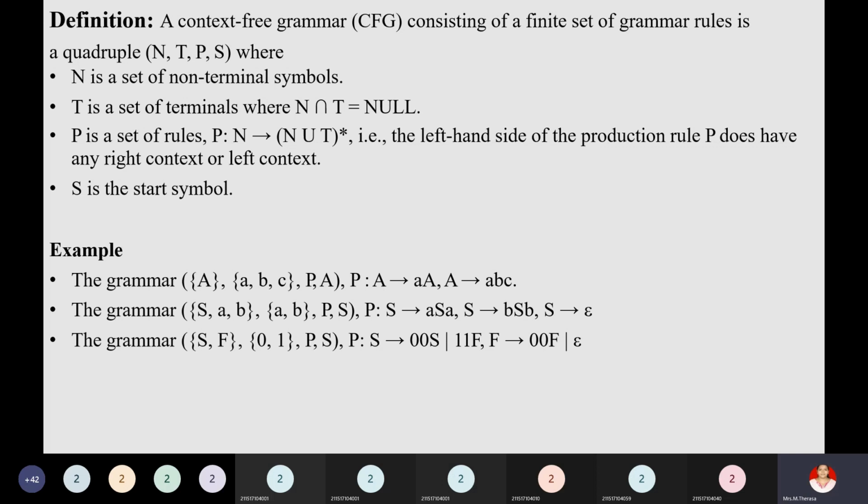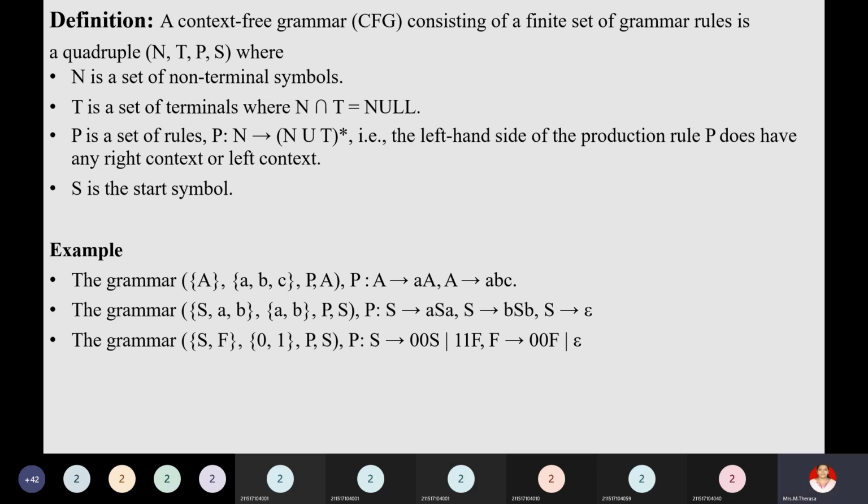Then P. P is the set of production rules, which is of the form N tends to (N union T)*. So non-terminal, union, terminal, in any combinations. The left hand side of the production rule does not have any right context or left context. And S is the start symbol.